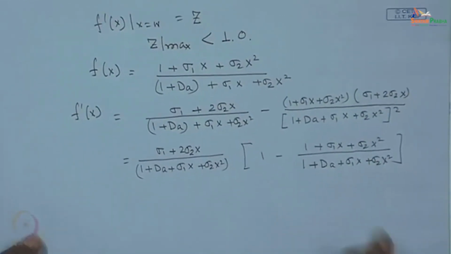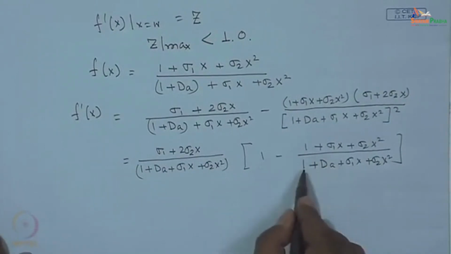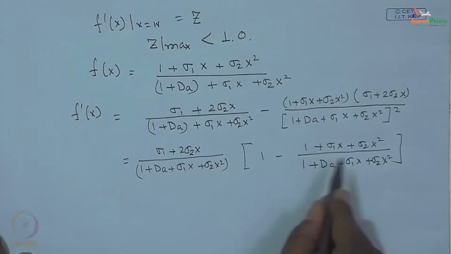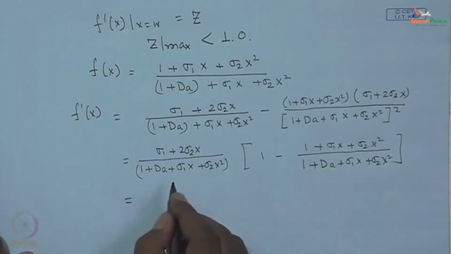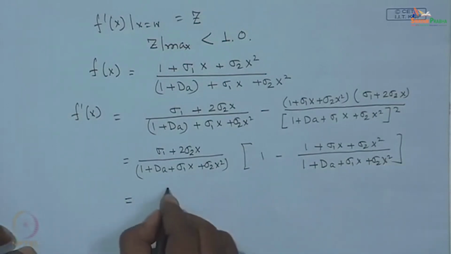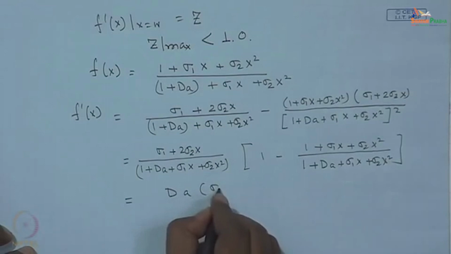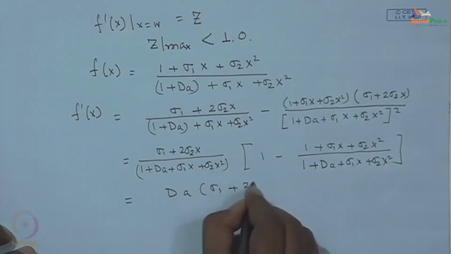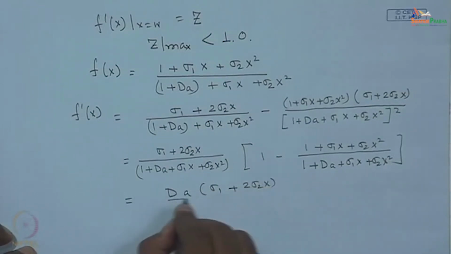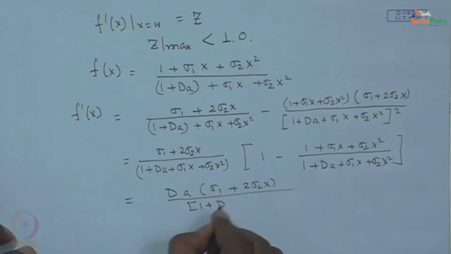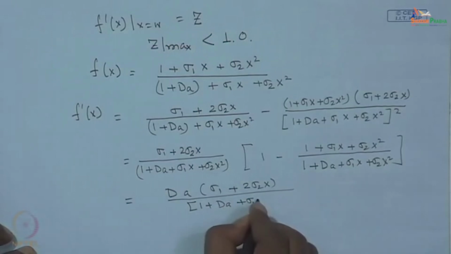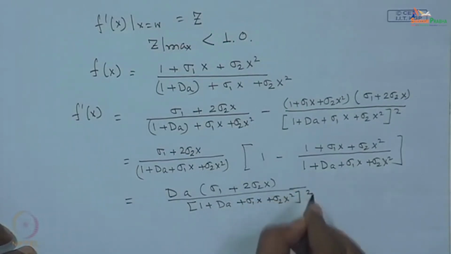So, once you simplify, in the numerator only dA will be remaining, all the 3 quantities will vanish. So, it will be nothing but dA times sigma 1 plus 2 sigma 2 x divided by 1 plus dA plus sigma 1 x plus sigma 2 x square, squared.